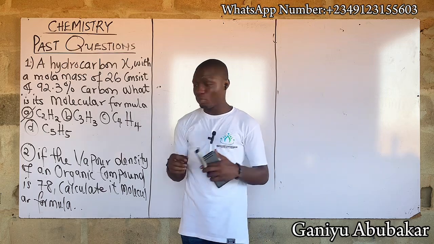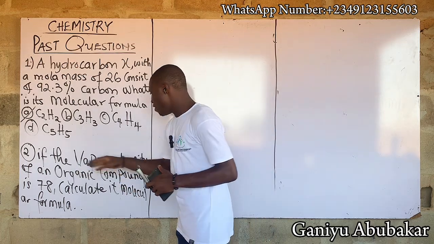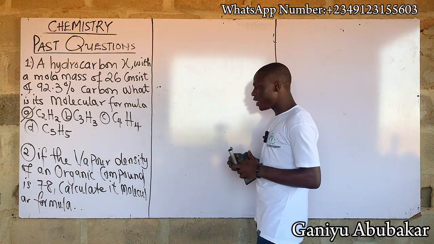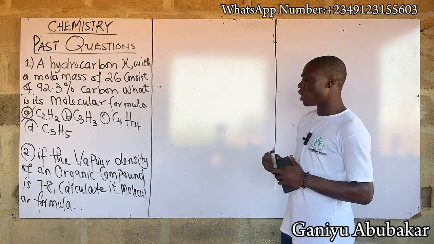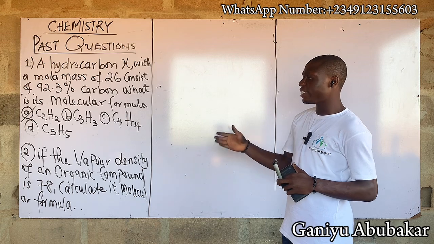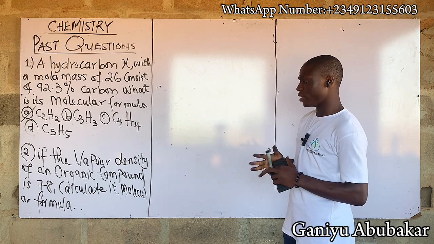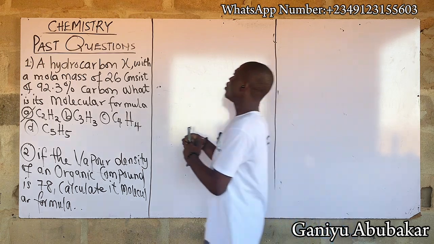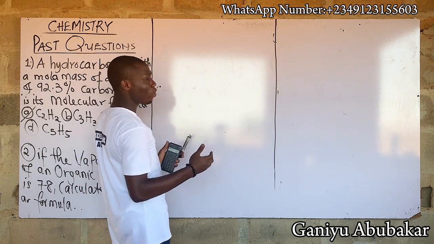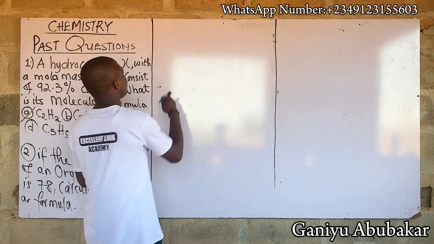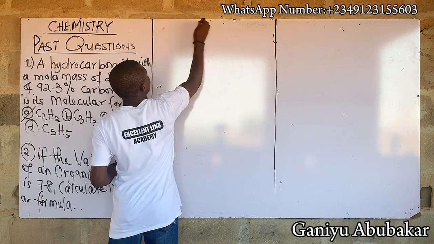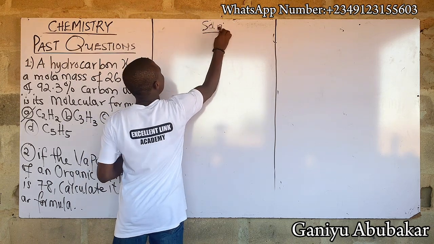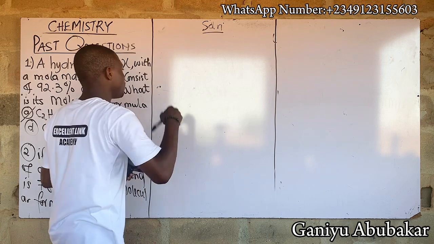Let's do example 2. If the vapor density of an organic compound is 78, calculate its molecular formula. In this case, I'm given the vapor density. So note that we said there are 2 formulas for calculating molecular formula. Before I solve this, note 2 things, please.